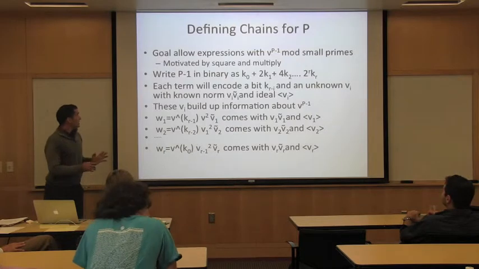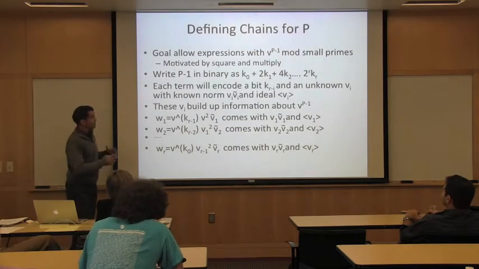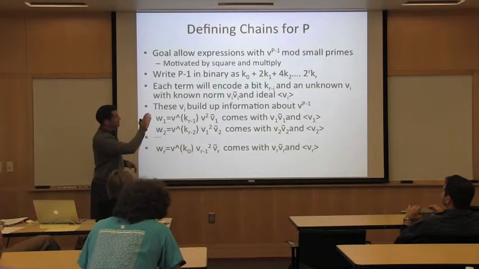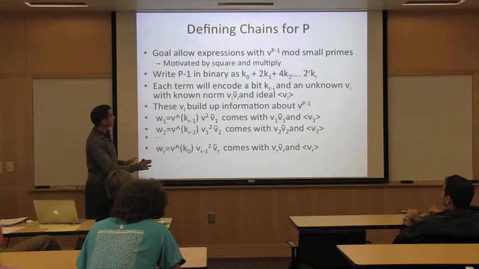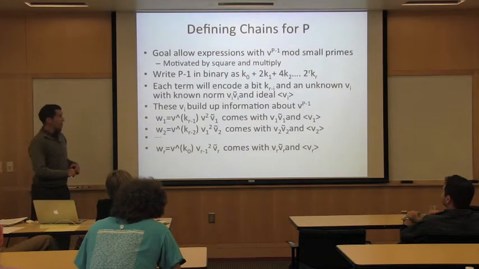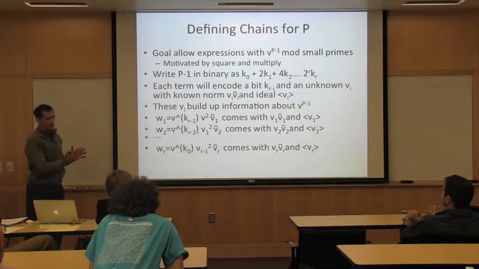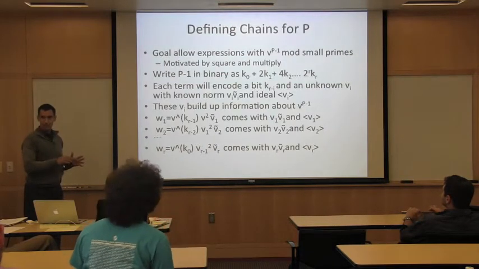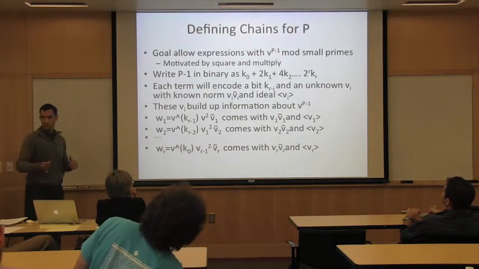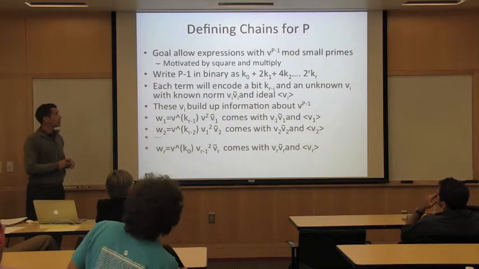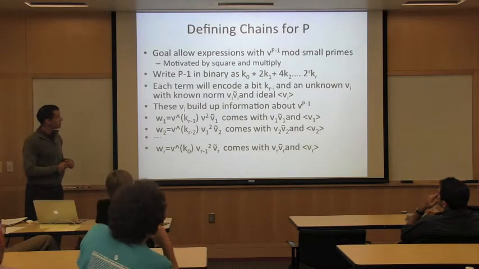Our motivation and goal is to allow expressions that have v to the p minus 1 modulo some small primes. Basically our motivation is to create some equations which are going to let us do square and multiply using the bit representation of p minus 1.